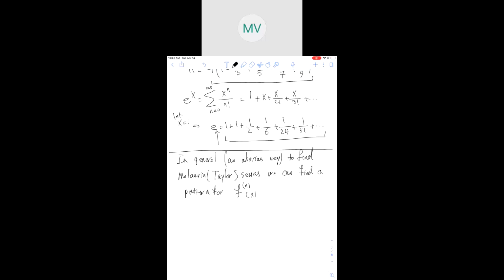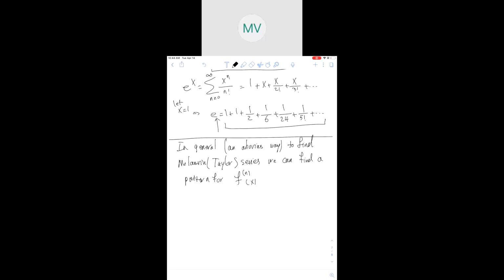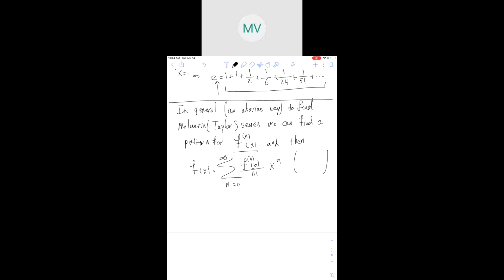As long as you can do that, to find the Maclaurin series in general, we can find a pattern for the nth derivative of f, and then, because if you find that, you know f of x can be written as the nth derivative of f at, for example for Maclaurin at zero, over n factorial, times x to the n. That's what you do in a worst case scenario, okay?